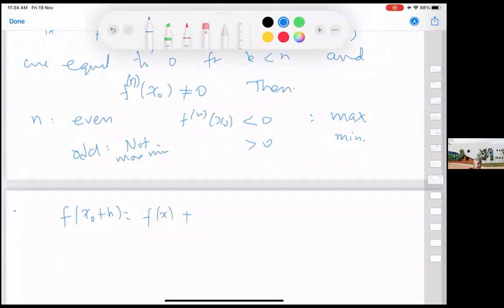f(x0 + h) is f(x0) plus the Taylor polynomial. Now, the Taylor polynomial up to n terms, the first n minus 1 terms at x0 are 0.